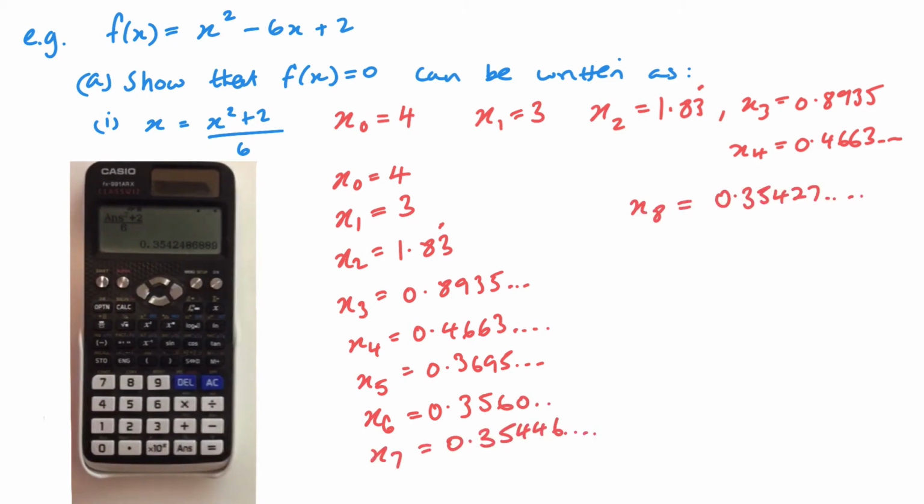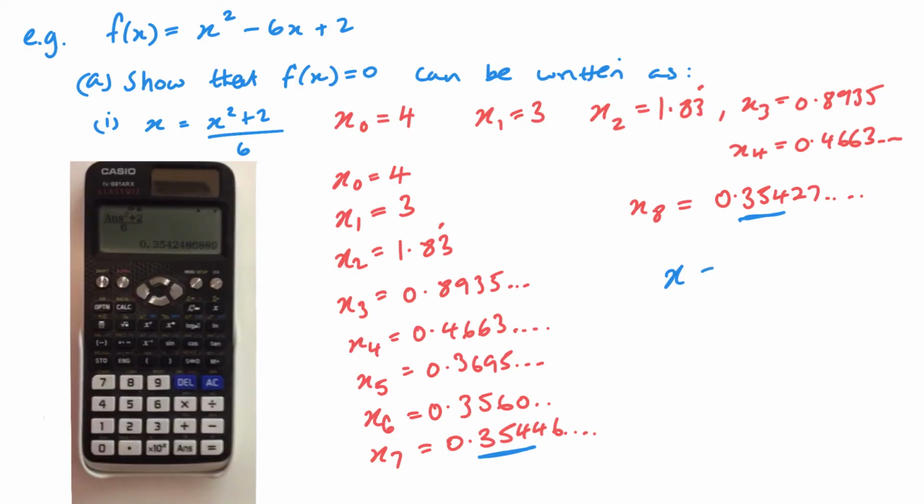Okay, hopefully that was easy enough to understand. I've written the values down here, and you can see the 7th and 8th value here, where I've got 0.354 and 0.354. In both of these consecutive cases, my answer rounds to 0.354, and that's where I can stop.